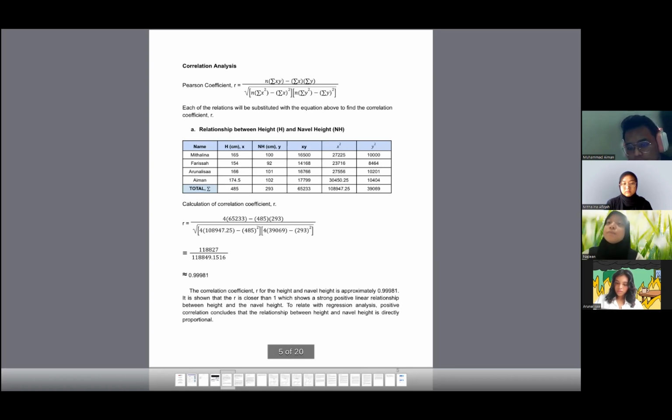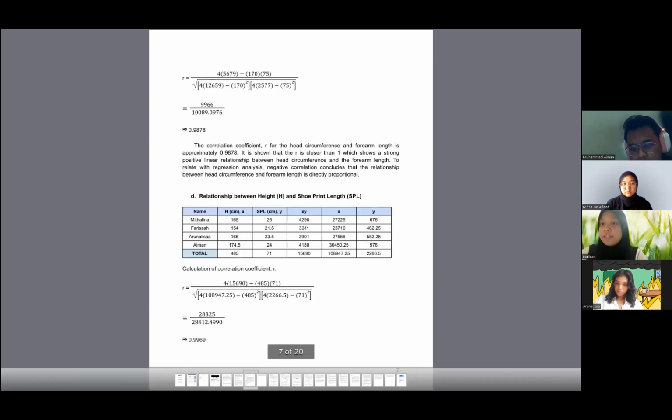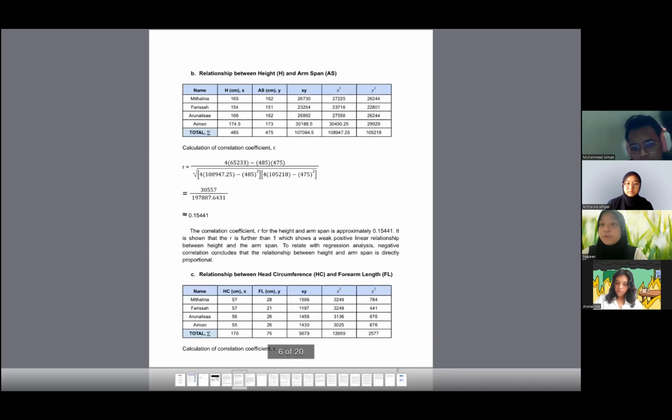We have four different sets of data that we calculate and put inside the equation. If the value is closer to 1, it shows a strong positive linear relationship. But if it's not close to 1, it shows a weak positive linear relationship between the two subjects.